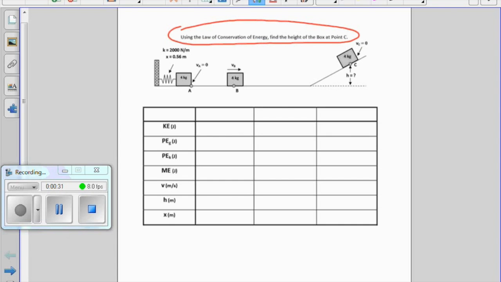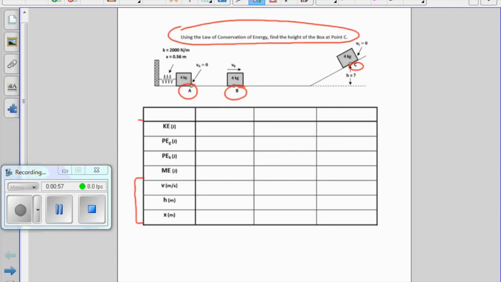I can see that I have my box at three different places, point A, point B, and point C. A lot of information is given on the actual picture, but I want to make sure that we're really able to organize this information. So I've created energy tables. Down at the bottom of the energy table, I have my variables.